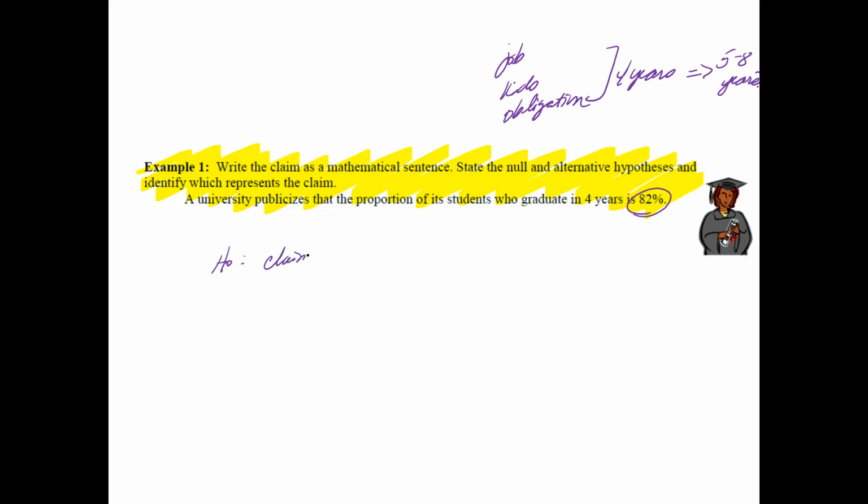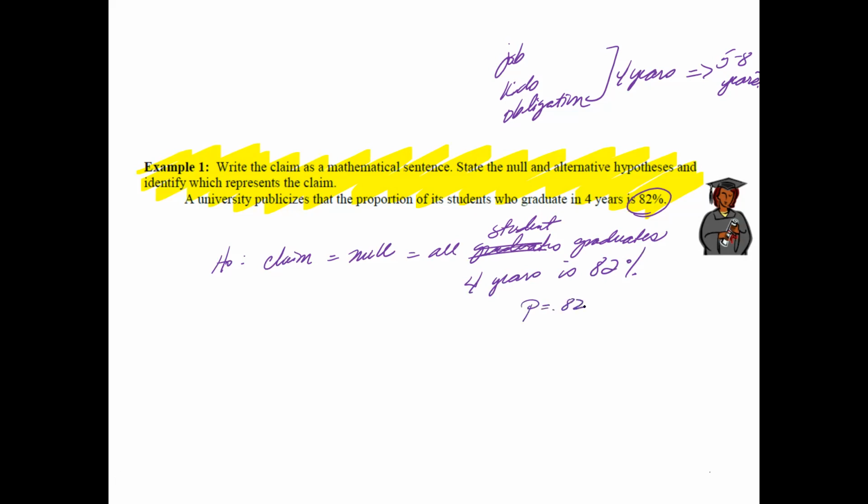So your null hypothesis is going to be all students graduate in 4 years is 82%. And of course, your P is 0.82.